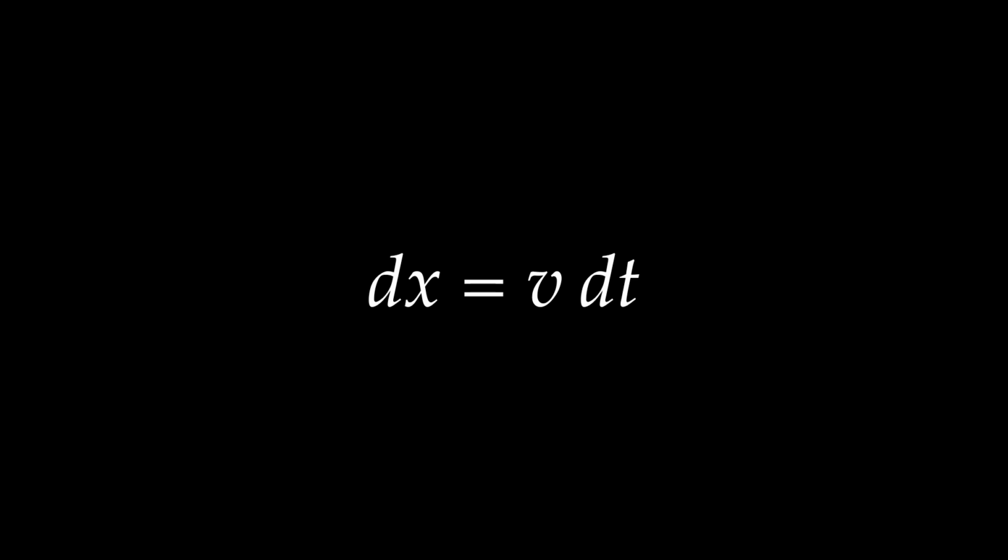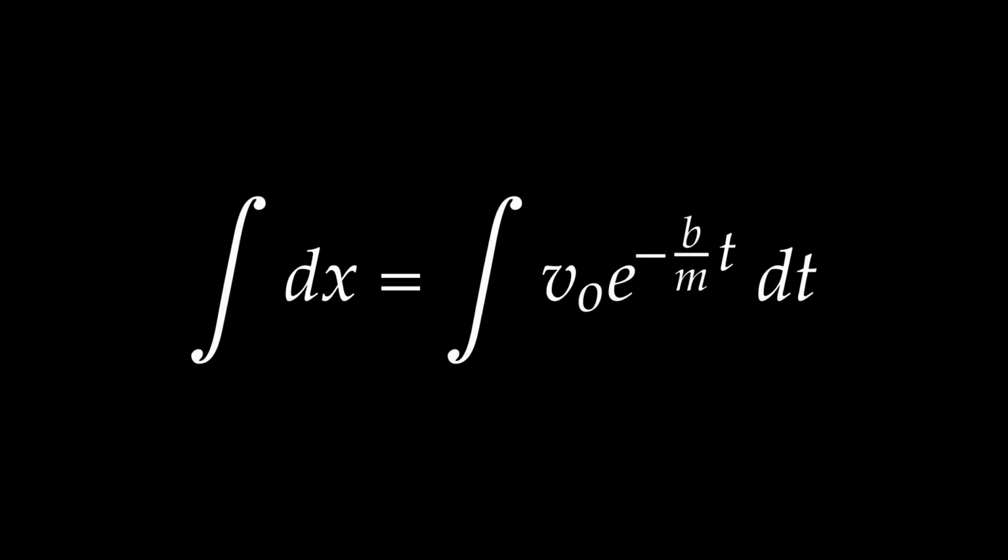That is dx. If I add up all of the little dx's, I get the whole change in x, delta x. So what I'm going to do here is appreciate the fact that the integral of dx is equal to delta x, which is equal to the integral of the velocity with respect to time.